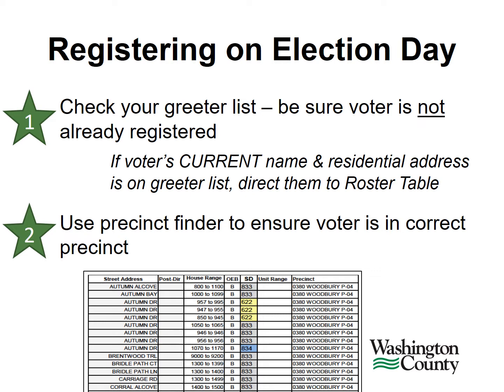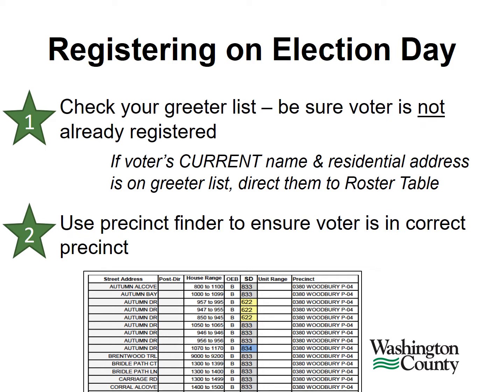To do this, you'll use the Precinct Finder, which contains the street addresses within your precinct. You'll use the Precinct Finder to check the voter's street and house range. The column labeled OEB stands for odd, even, or both. This refers to the house numbers within the address range.